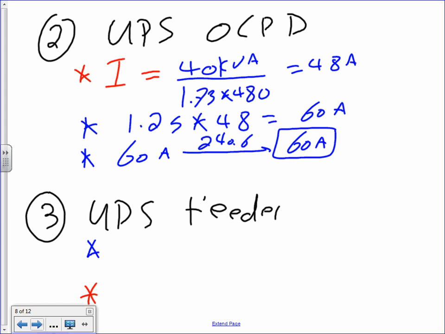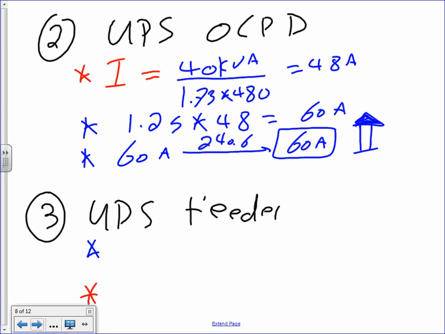If it's not a standard, go up to the next standard. In this case, 60 is standard. If it was 61, where would you guys go? 70? We have 70. If it was 105, where do you go? 110. Okay. So what do you do then? Here, you can go grab a 60 amp, 3-phase, bolted circuit breaker, and you put it in a switchgear or a panel board, and then pull a feeder from it to feed the UPS.